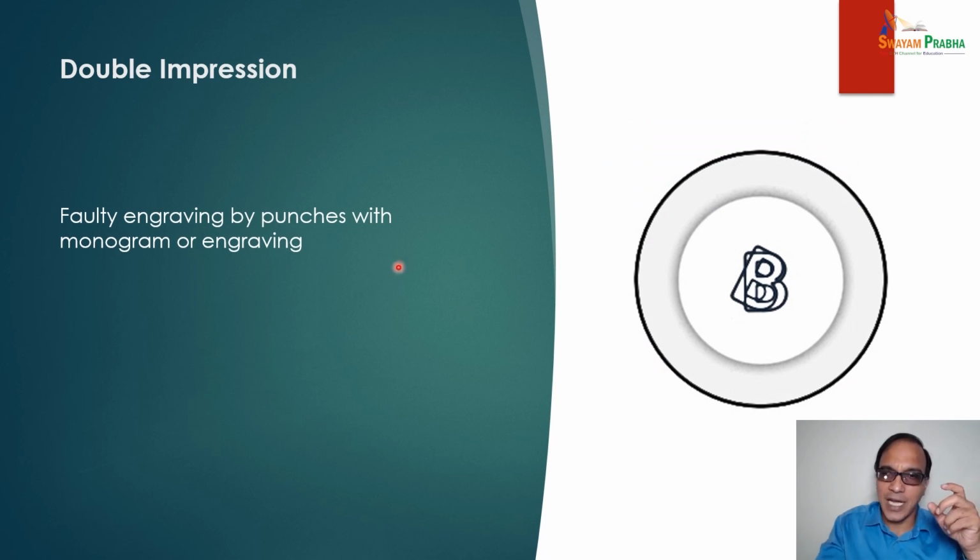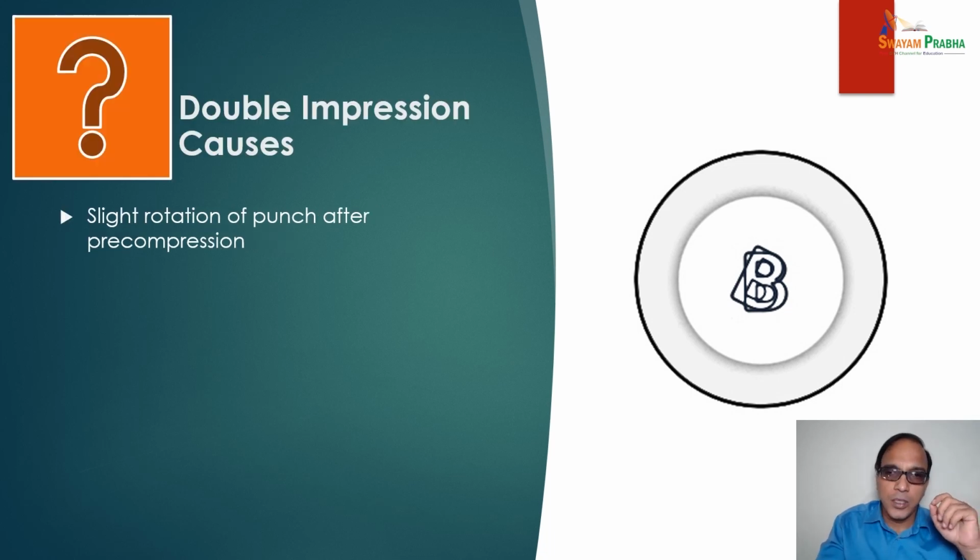Now, double impression. As the name suggests, it happens many times when the tablets have some lettering on them as an identification mark or brand value. The faulty engraving by punches with monogram or engraving is called double impression. It is self-explanatory. Slight rotation of the punch after the pre-compression may lead to this double impression.